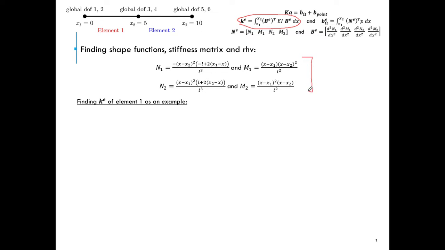So a good starting point then, not just a good starting point, the only starting point that we have is that we should start by finding our shape functions for element 1 first. Okay, so how do we do that?